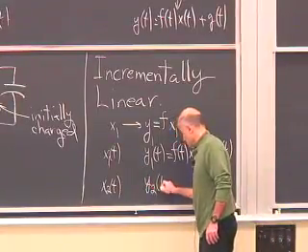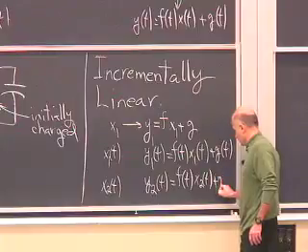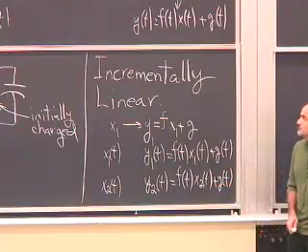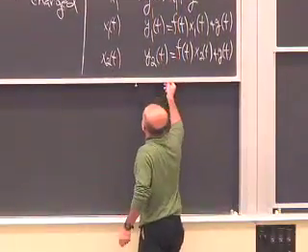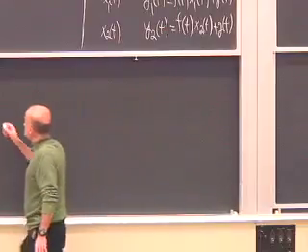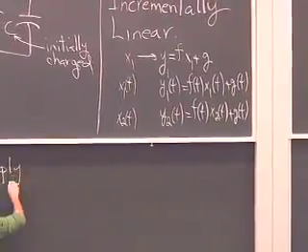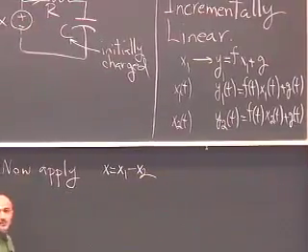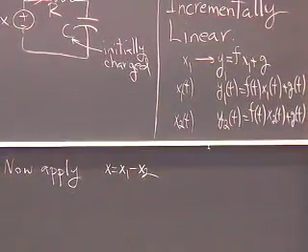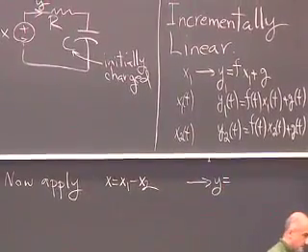The corresponding response will be f of t, x2 of t, plus g of t. What happens if I now apply x, which is x1 minus x2? What do you get? Figure it out. What's going to be the response due to that?